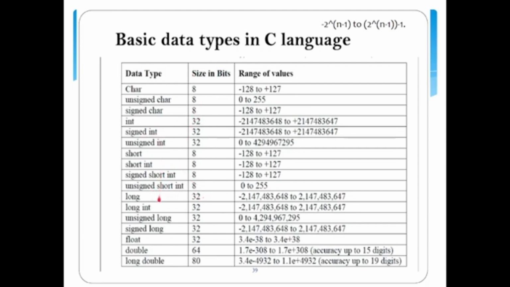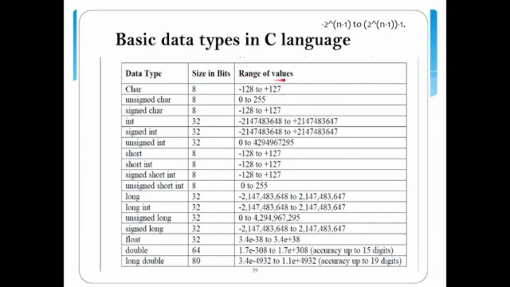For float, also it is 32-bit. And for double, as the name itself says, it is 64-bit, which is double of 32. And for character, it is 8-bit. And you have further unsigned char 8-bit, signed char 8-bit, etc.